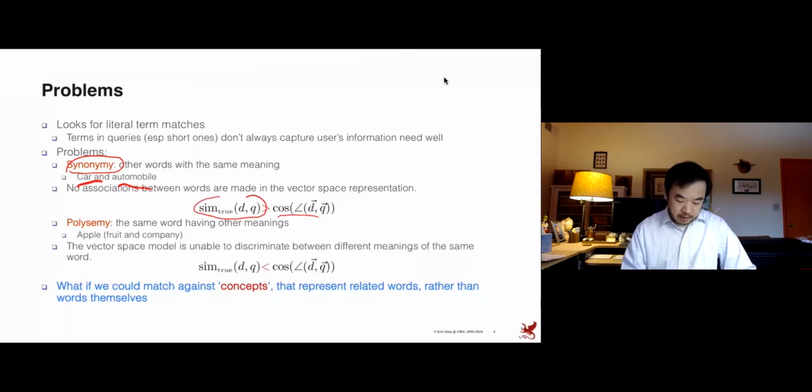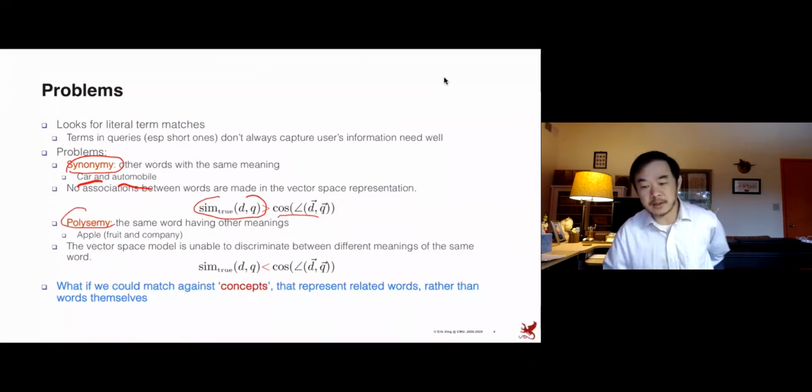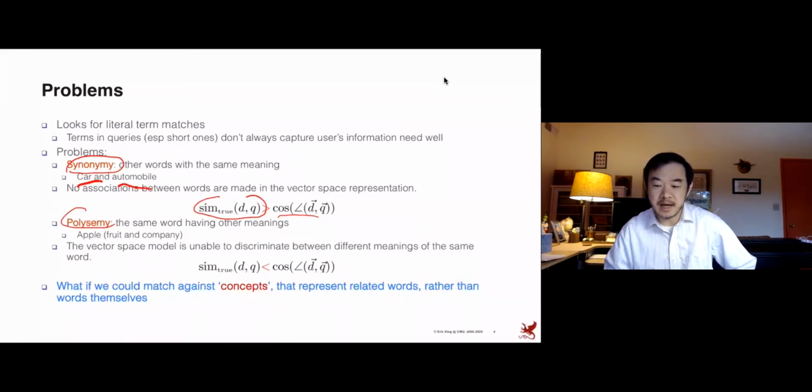Right. We also have some other issues. For example, the polysemy issue. That's the opposite of synonyms, right? For example, if you see two documents, both contain the word apple. If you don't look at the context, you may believe that they are the same, or they are very similar.